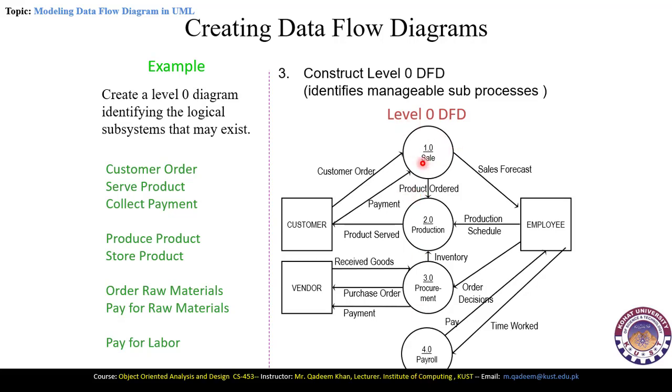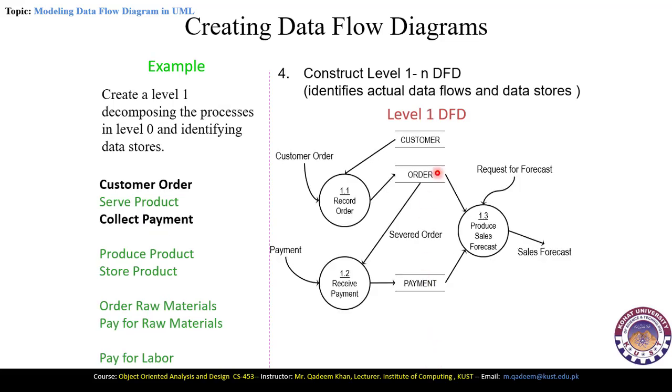So we will create a more detailed DFD for the sale, then a more detailed DFD for the production, and similarly for the procurement, and at last we will also create the level 1 DFD for the payroll. So here we construct level 1 to n, which means 1 to 4: the 1-1, 1-2, 1-3, and 1-4 DFDs.